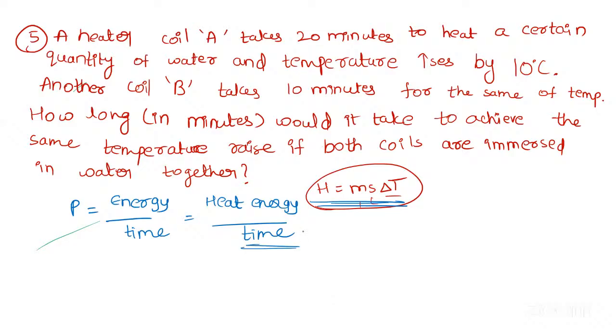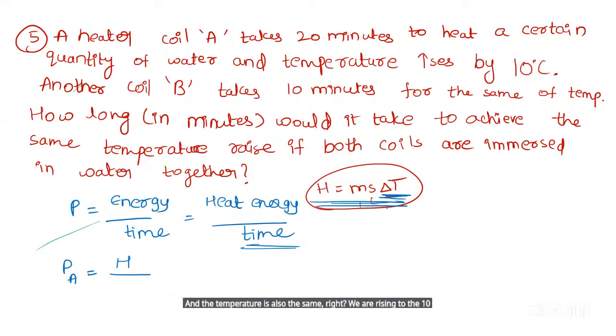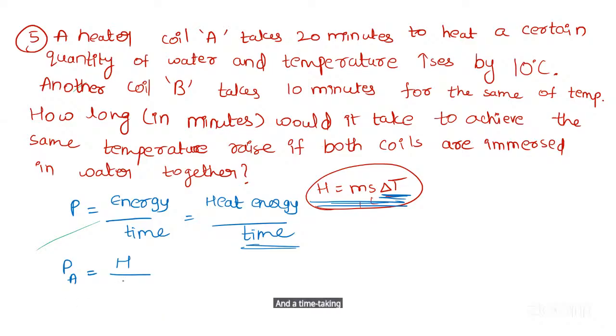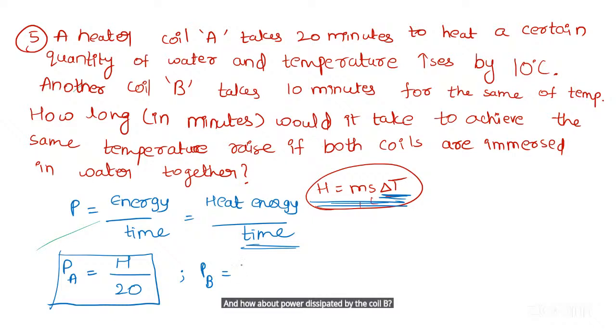So PA will be heat energy by time, and the temperature rise is the same, 10 degrees centigrade, and the time taken for the first coil is 20 minutes. Are you clear with this part? Yes, ma'am. And how about the power dissipated by coil B? H by 10. Correct.